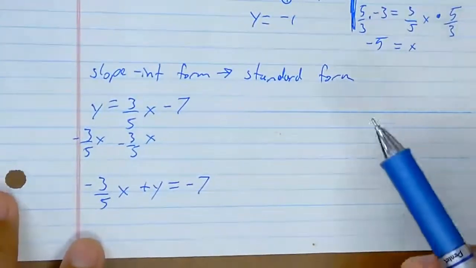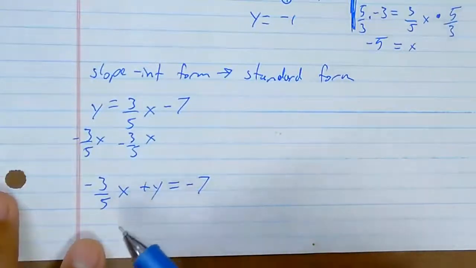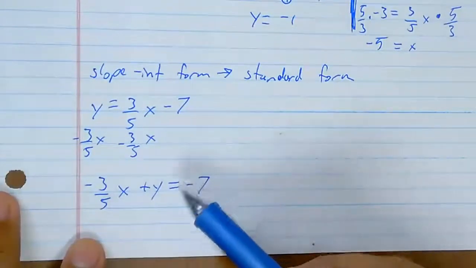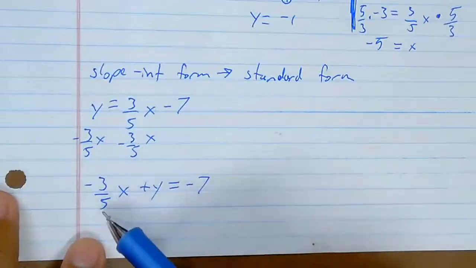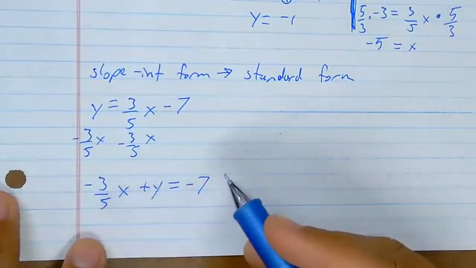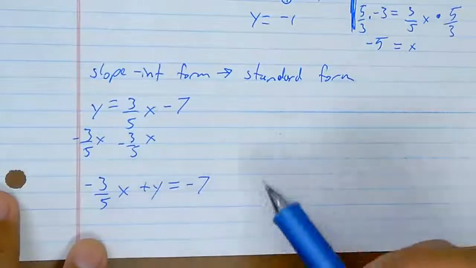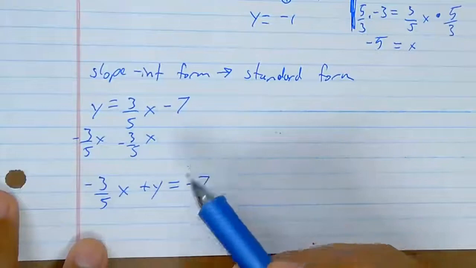Now remember, we can't have any fractions in standard form, and our a value has to be positive. In order to clear the fractions, we need to multiply everything by the denominator. In this case, it's just going to be 5. And since we have to cancel out that negative, we're going to multiply everything by -5.